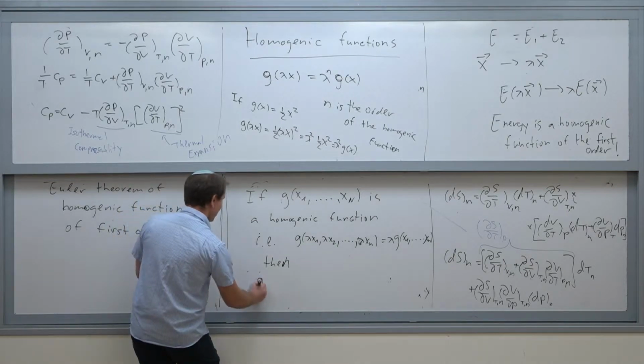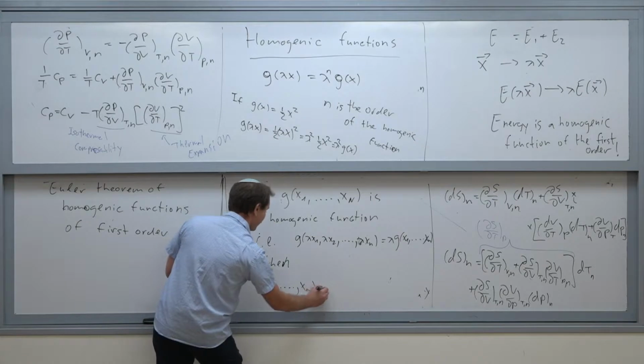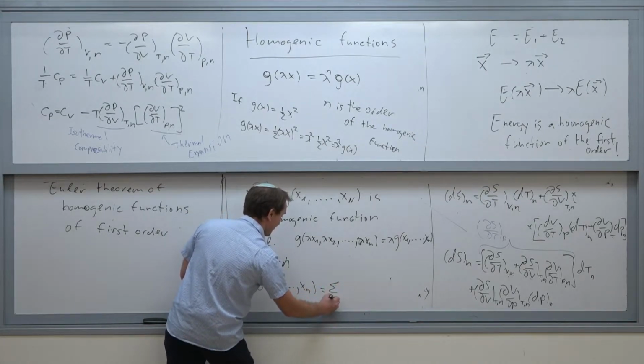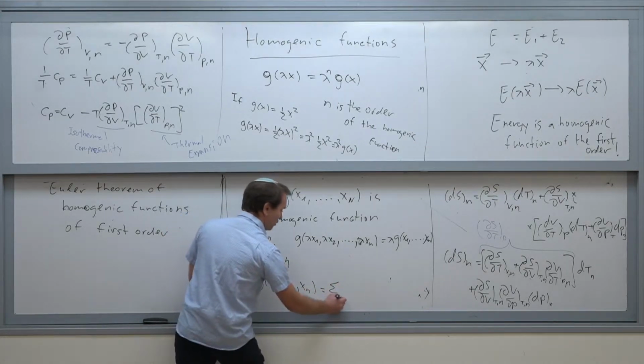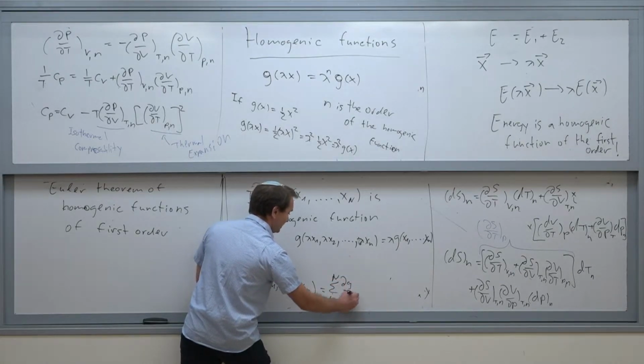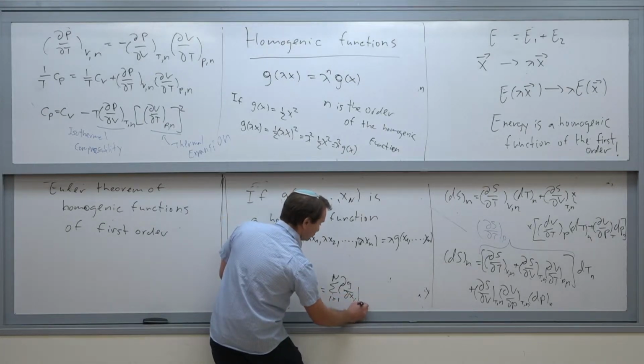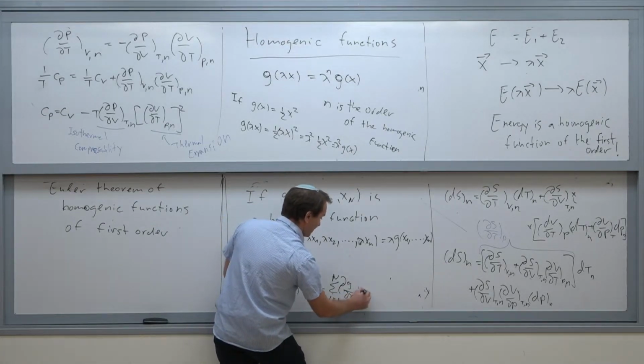So g of x1 to xn is simply a sum from i goes from 1 till n of dg/dxi times xi.